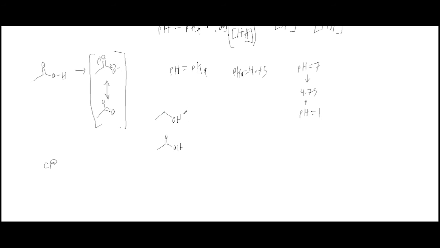I don't remember the exact pKa of this, but I want to say it's something around maybe 18. It's in the teens, the mid-teens, I believe. And this we know is 4.75.